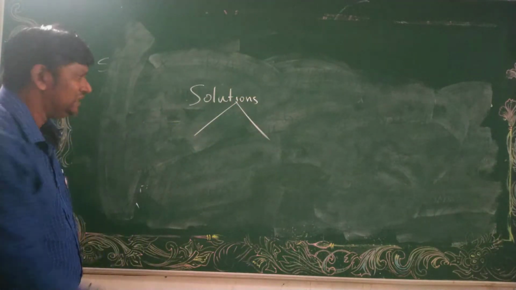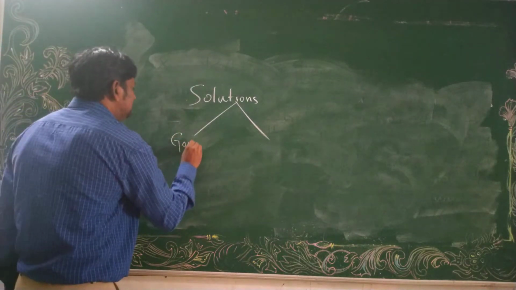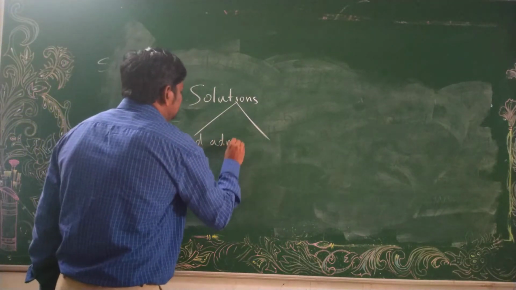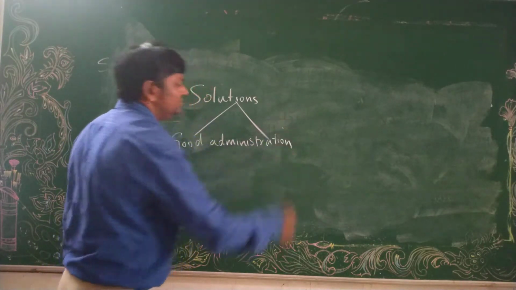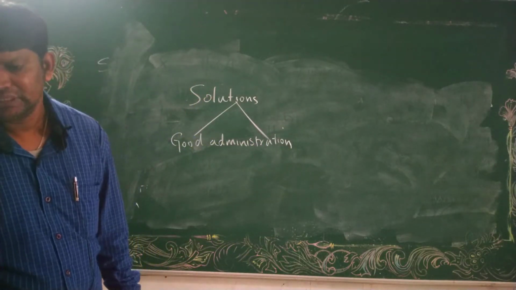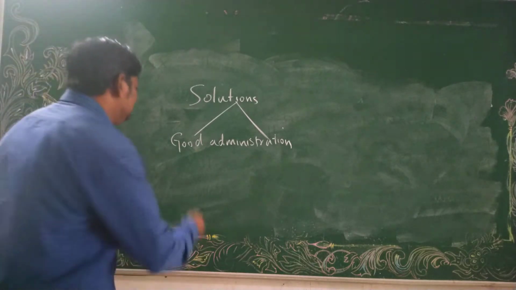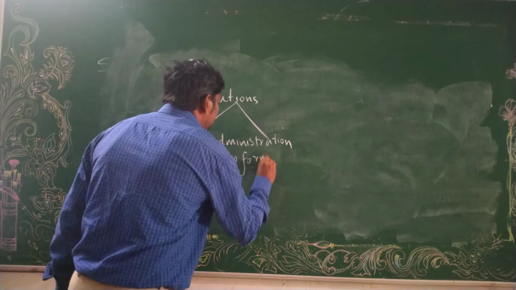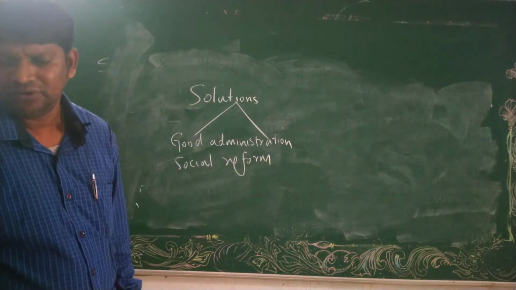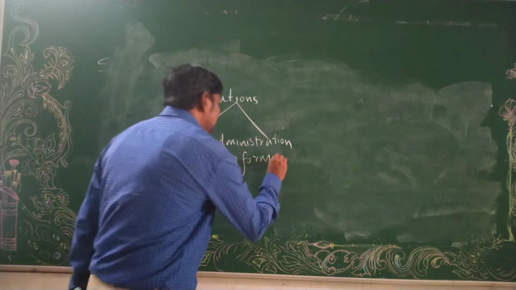Number one is good administration. This is the number one solution for the internal problems. Number two is social reformation.